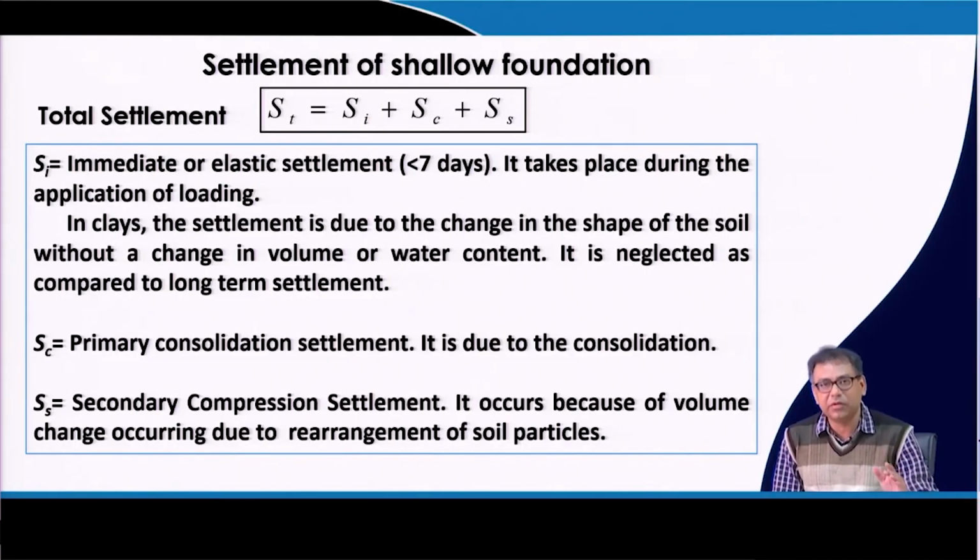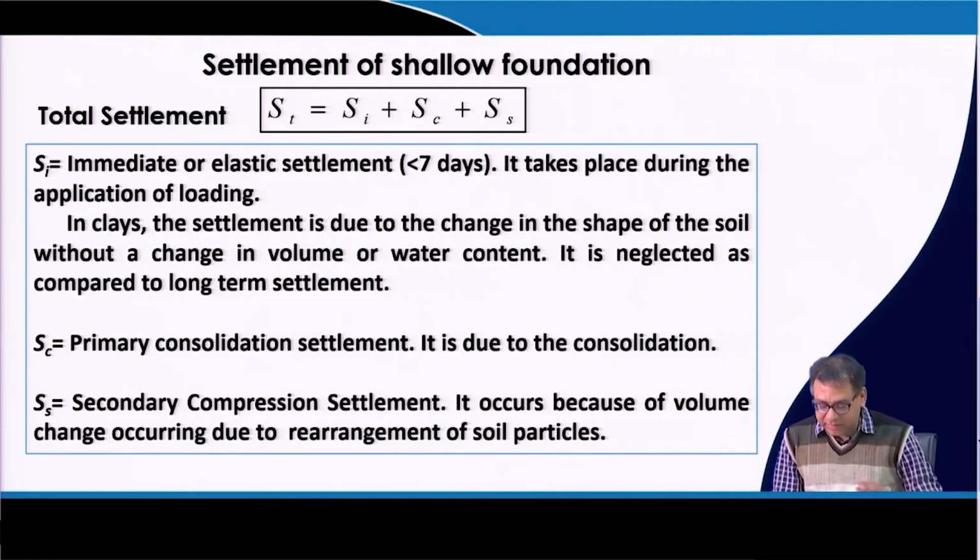In sandy soil most of the settlements are immediate settlements, so you will get the settlement within 7 days or even less. Consolidation settlement is the major settlement for clay soil, because in clay soil permeability is low. So, when you apply the load, dissipation of pore water takes more time. That is why consolidation is a very major settlement for clay soil.